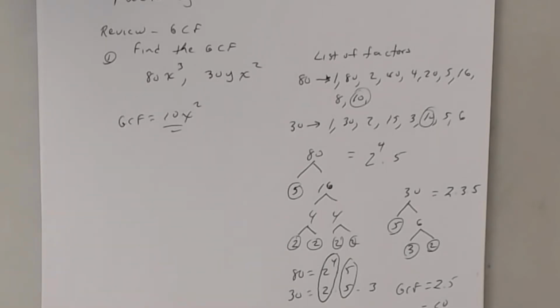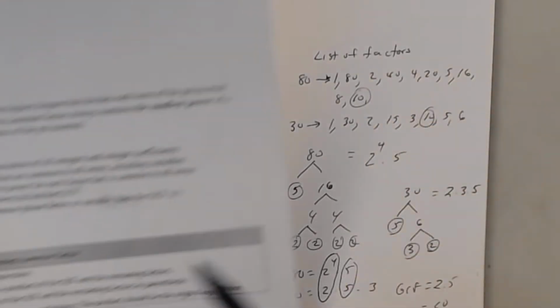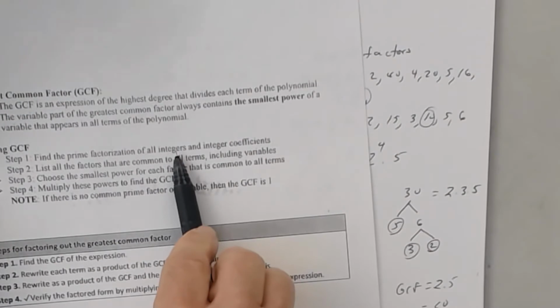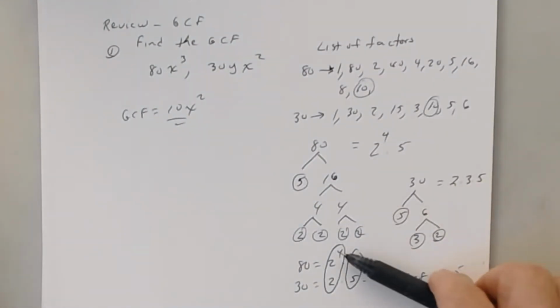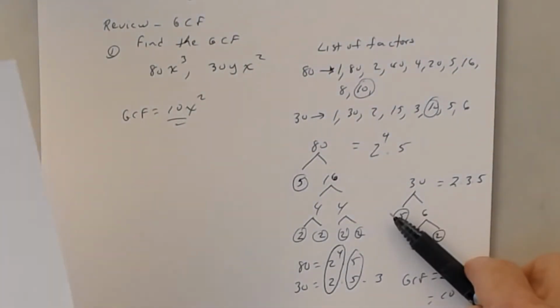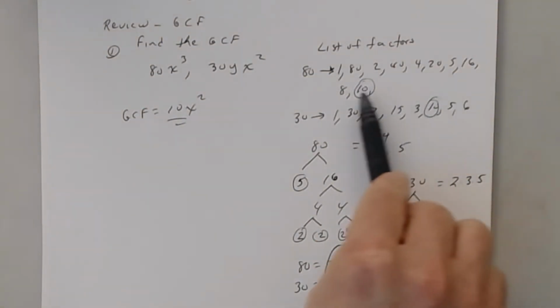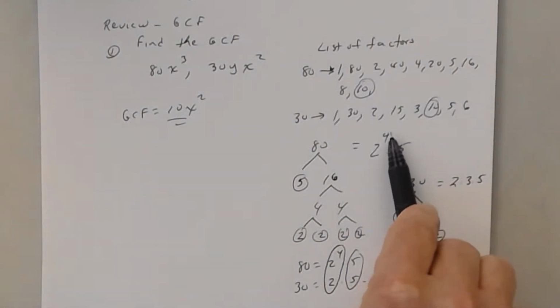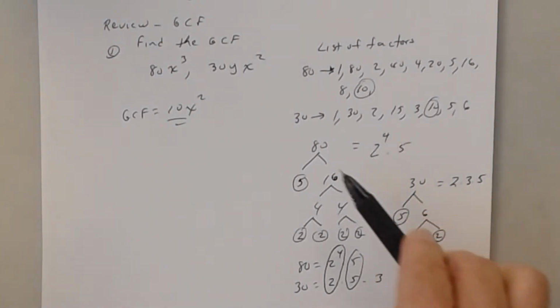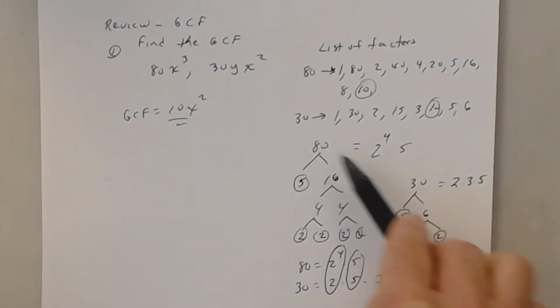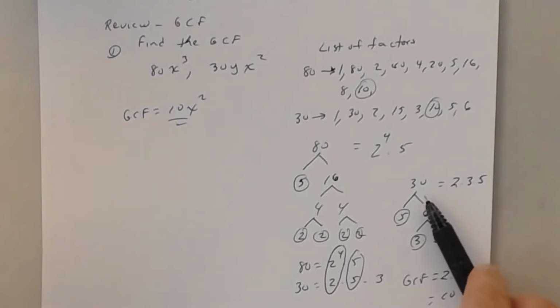Step 1, when finding GCF, says find the prime factorization of all integers and integer coefficients. That's what this is. We did that, right? Okay. That's probably the better way of doing this. Listing them, you may leave one out, and it may have been the greatest one. So I would actually do the prime factorization for those.